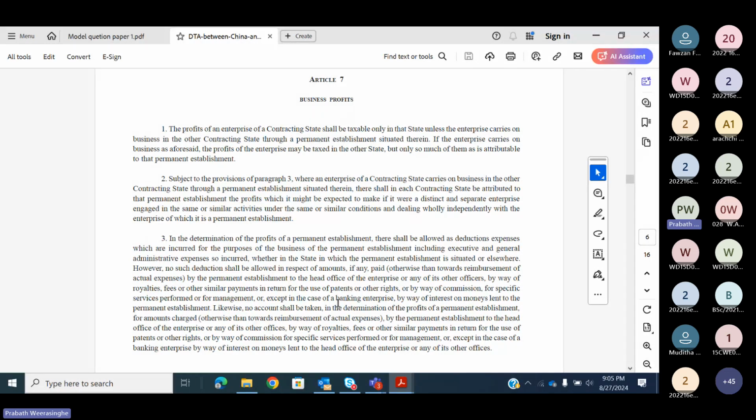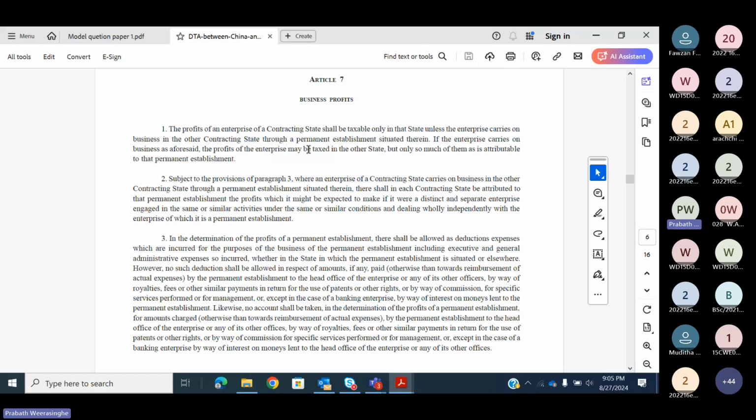This first thing says the other country's liability. So, say, a Chinese non-resident company is doing business in Sri Lanka through a permanent establishment. Then it is a non-resident person having business income in Sri Lanka. So we have to consider it as a separate enterprise and work out the taxable income, right?